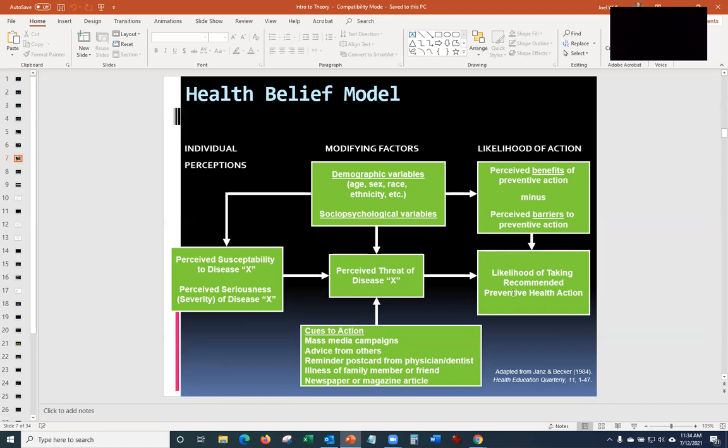Notice that everything ultimately points to the likelihood of taking recommended preventive health action, or depending on what you're studying with health belief model, this might just be the behavior itself. So it might be smoking, it might be engaging in physical activity, it might be reducing dietary fat intake. Could be any number of things, but the behavior would go in this box to the far right down bottom here.